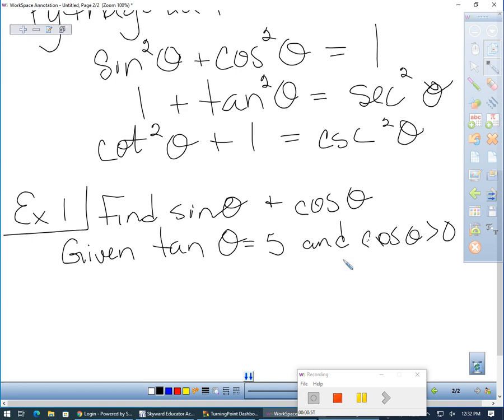All right, so now, out of our 3 trig functions we have up here, because we're given tangent, which one uses tangent in its identity? The second one, right? This one uses tangent right here. So we're going to use that one in order to find sine and cosine. So here we go.